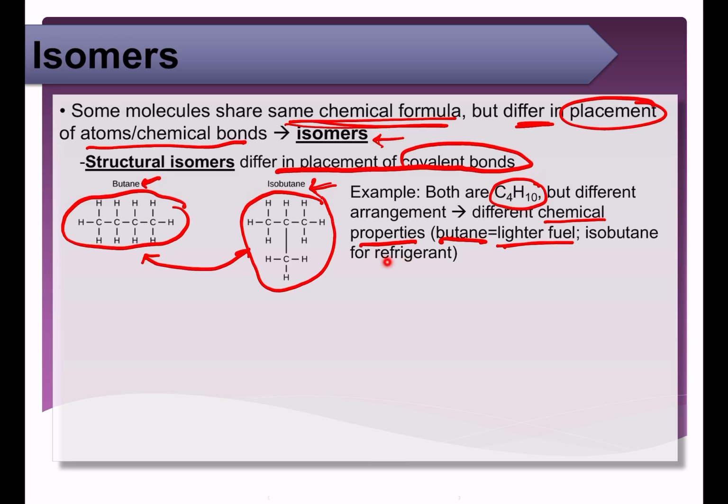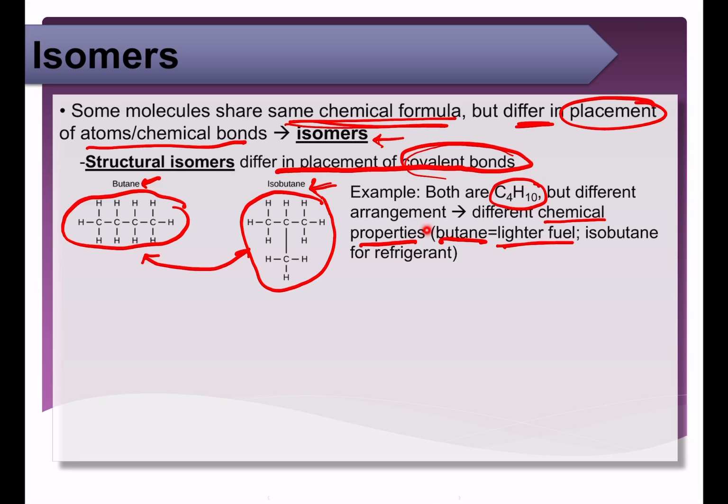So they aren't very different in chemical formulas, made up of the same C's and H's. All they differ in is their structure. So that's why I say structure is very important in the function of chemical molecules a lot of times. Okay, so that's what structural isomers refer to: same formula, but different placement of the covalent bonds.